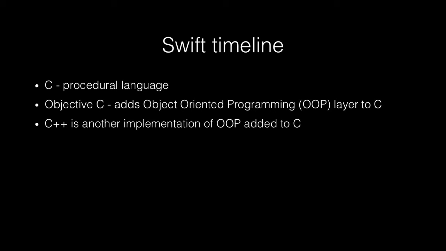Also, C++ is another implementation of OOP that's added on to C. So C with OOP is also called C++. So Objective-C and C++ are just object-oriented layers added onto the C programming language. They are two separate programming languages, but both of them incorporate OOP.